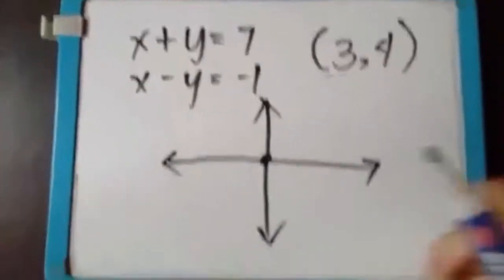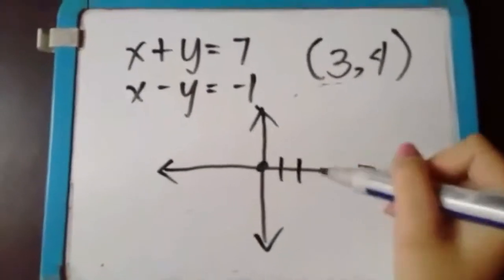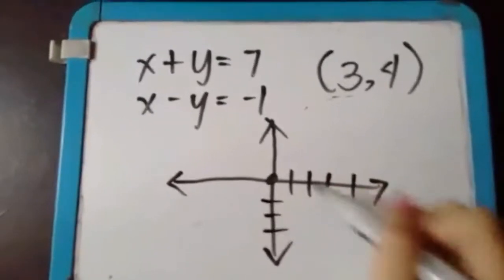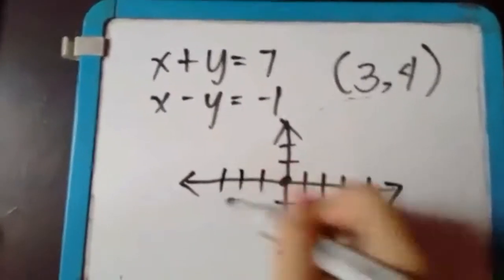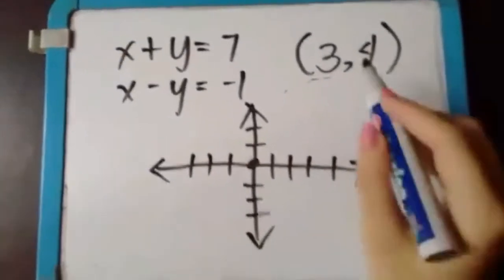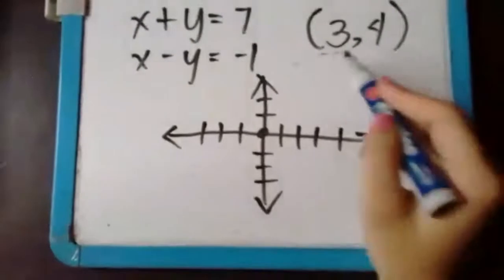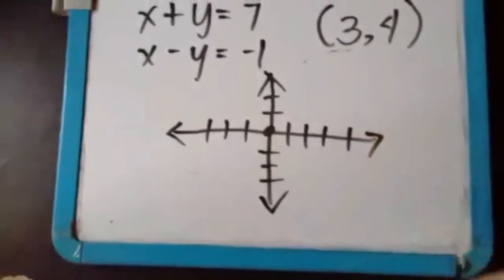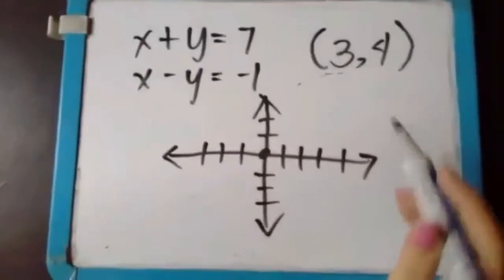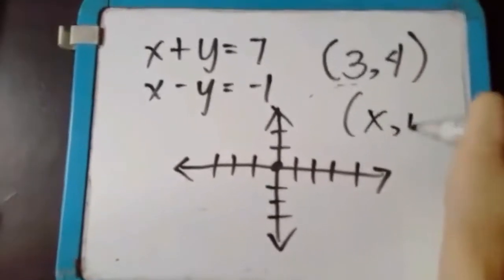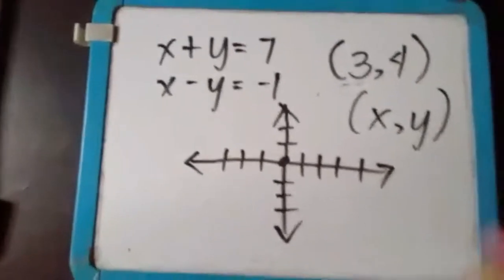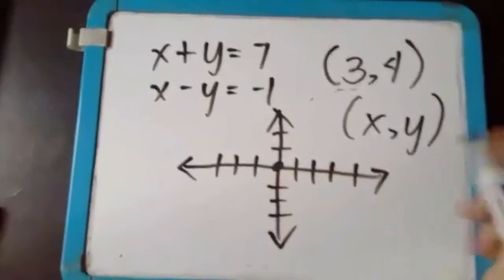Cartesian plane. So later we're going to show you how to graph this equation. I'm just going to show you where it is located. So this is 3. x is located in the x-axis because it's an ordered pair. It should be x and y like this. It should always be like that. It shouldn't be y and x.